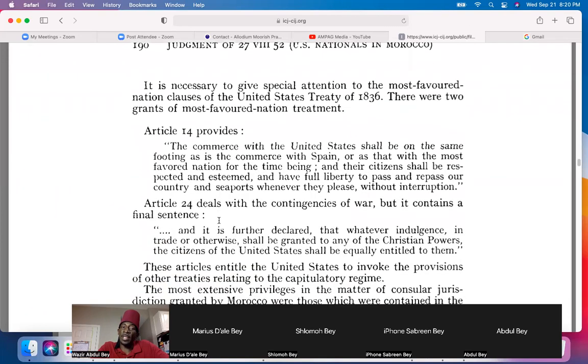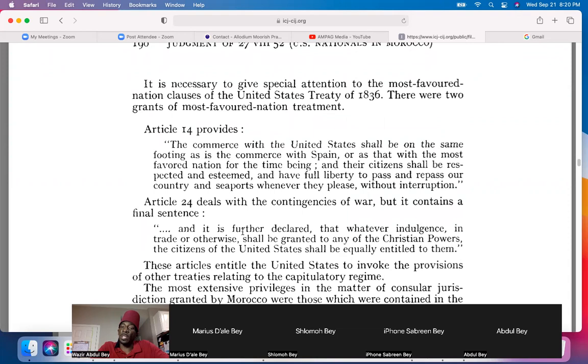Article 14 provides that the commerce with the United States shall be on the same footing as in the commerce with Spain, or as that with the most favored nation for the time being, and their citizens shall be respected and esteemed and have full liberty to pass and repass our country, Moroccans, and seaports whenever they please without interruption. So that's a privilege that was extended to them through the most favored nation clause.